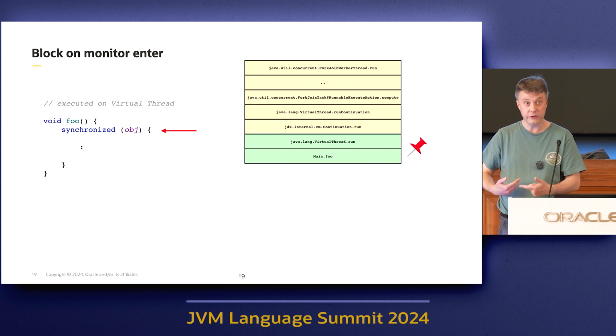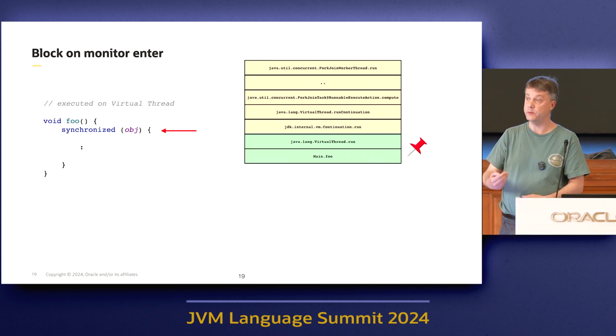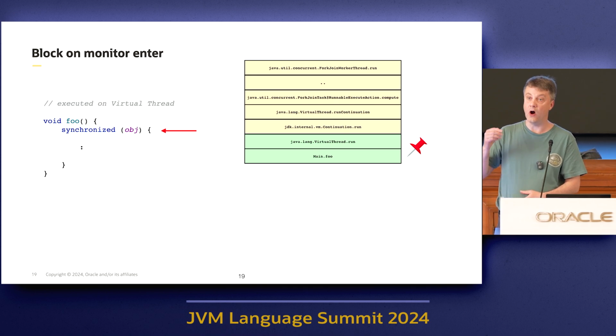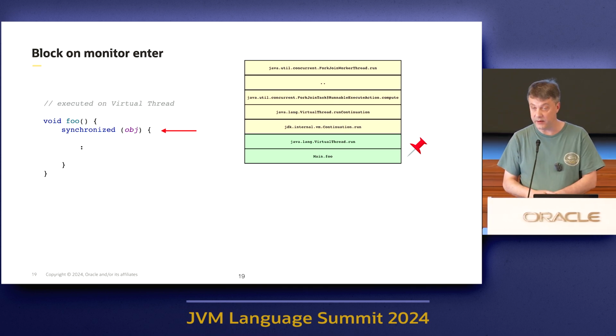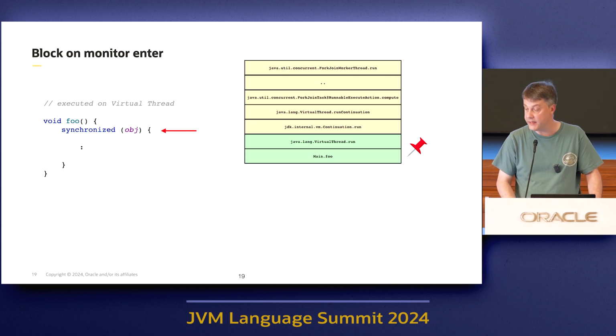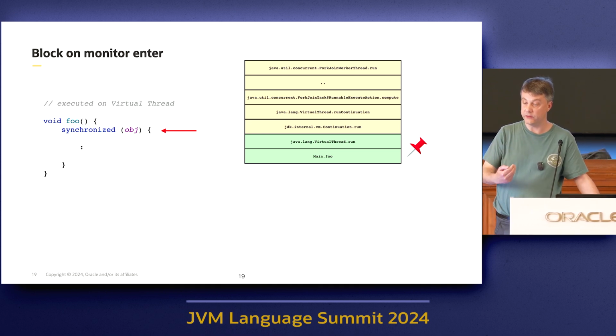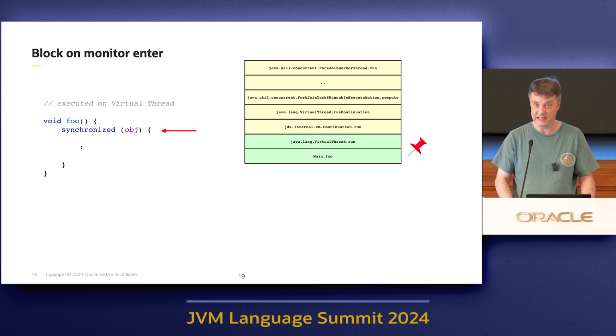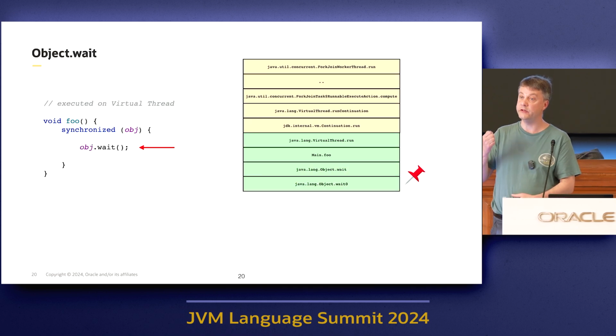Number two is where we get contention on a monitor. Someone else, in this particular case, is the owner of this lock here, OBJ. I come along in a virtual thread and attempt to do a monitor enter. I get pinned at this point. I cannot release the carrier. That's really, really disappointing. We also have the third scenario, which is Object.wait.